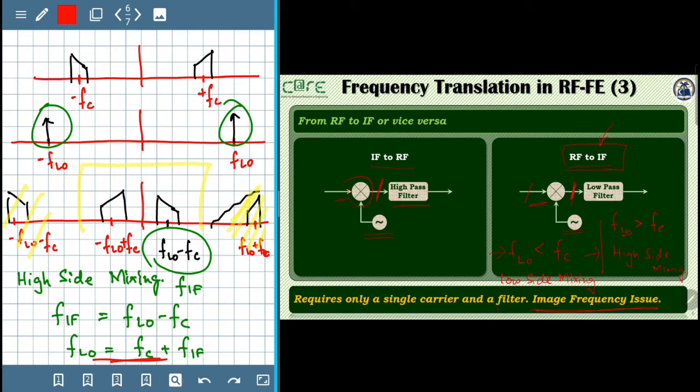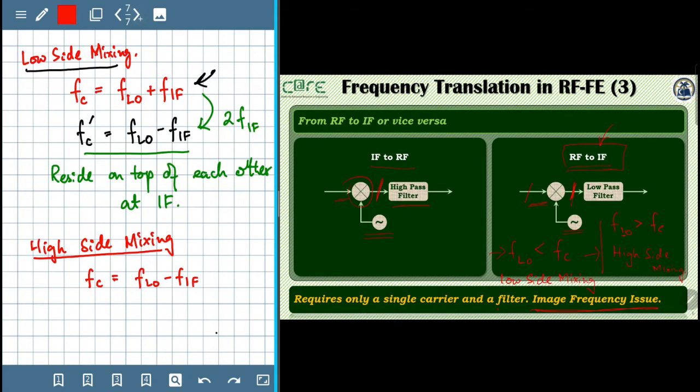FC is equal to FLO minus FIF, but while doing this process, there is another signal at FC dash, which is FLO plus FIF, being converted to the same intermediate frequency via the principle of low side mixing. And these two spectra will again overlap each other at the same intermediate frequency, and again we see that the gap between the two frequencies FC and FC dash is 2 times FIF.